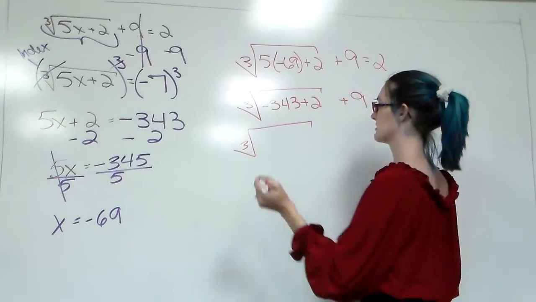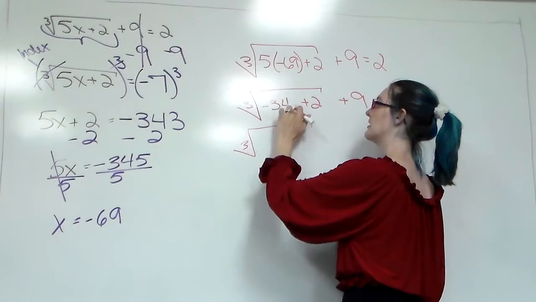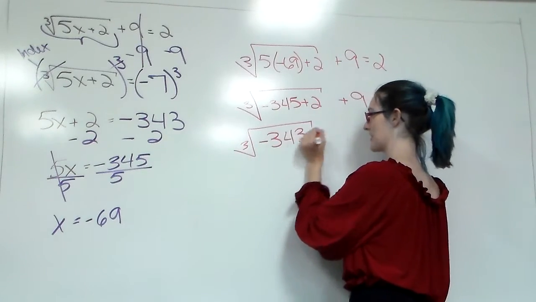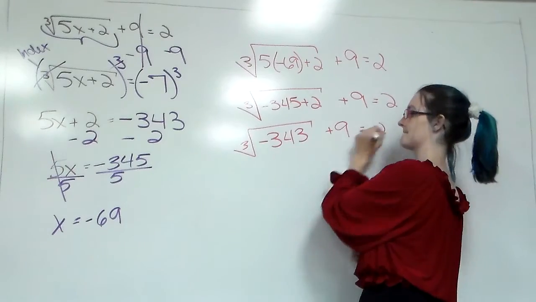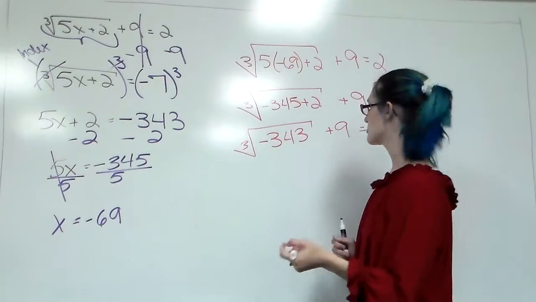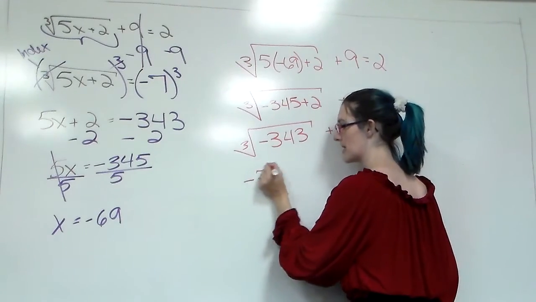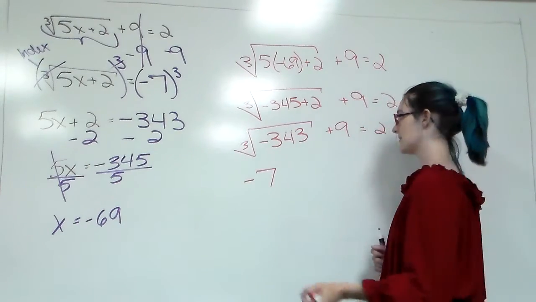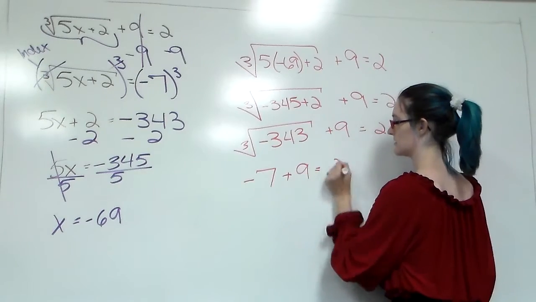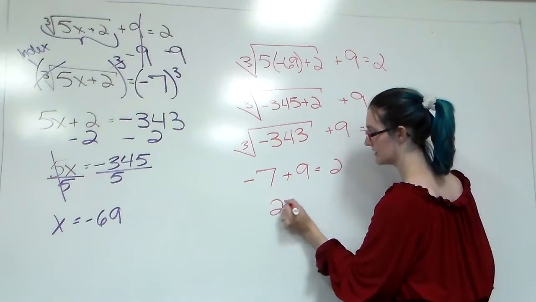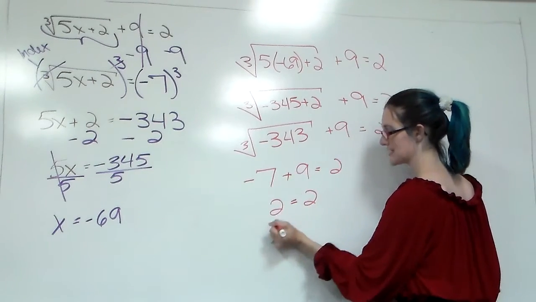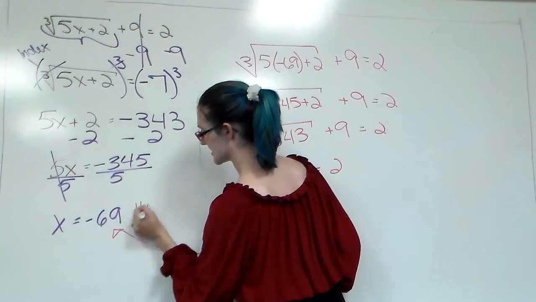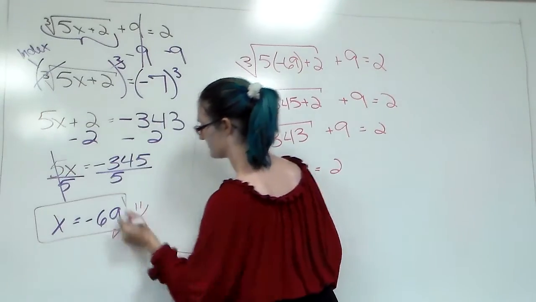Different signs. 345, I apologize, 345 minus 2 gives us the negative 343. And the cube root of negative 343, if you don't believe me, check your calculator, is negative 7. You can have a negative under an odd index. You cannot under an even. And negative 7 plus 9 is 2. 2 equals 2. Since that is true, that comes back here and says that is your answer.